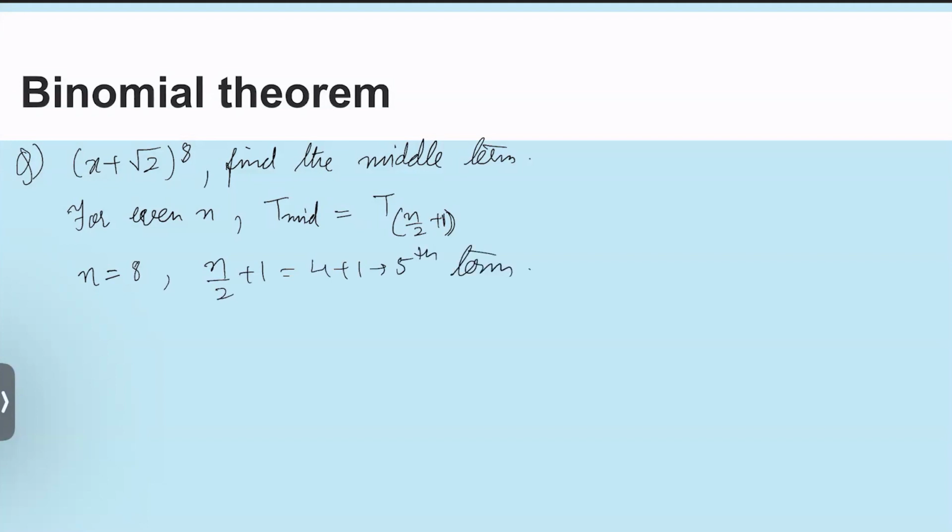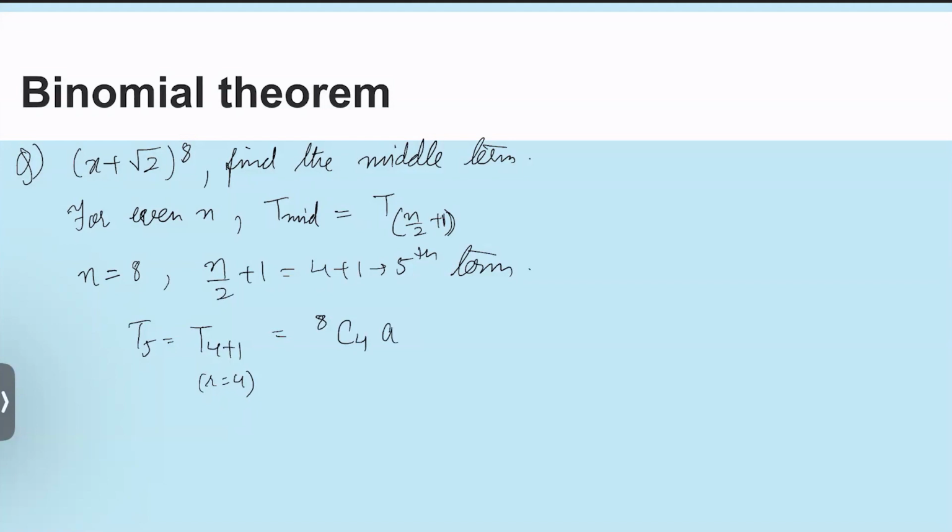Okay, so therefore, if we are finding the fifth term, your T5 is actually T4 plus 1. So your r then becomes equal to 4. So then this will be your 8C4, and you have n minus r.